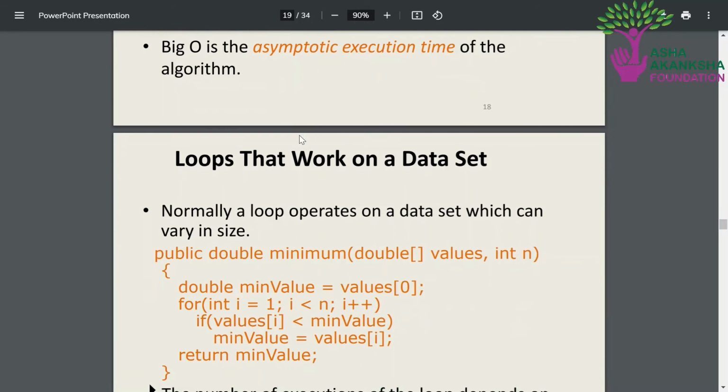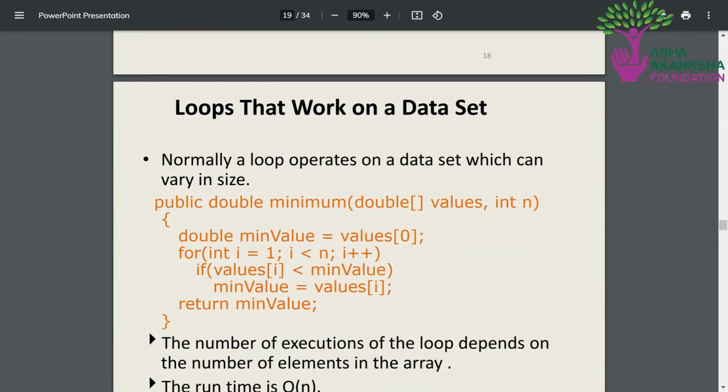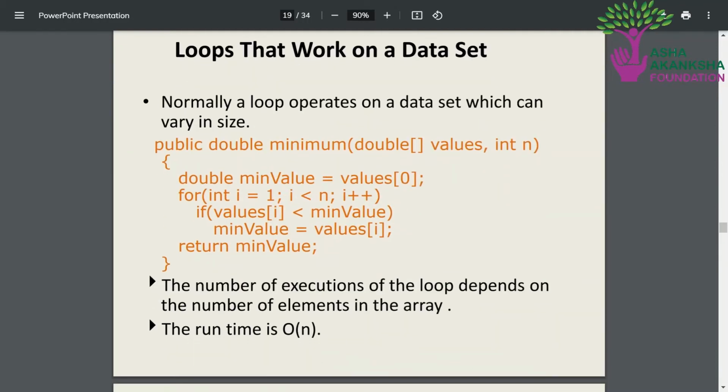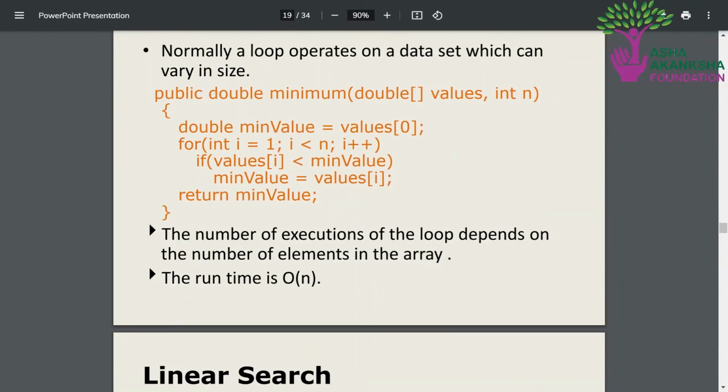So let's take a loop that works on a dataset. This is the loop which gives us the minimum value in the array. The number of executions of the loop here, which is for finding the minimum, depends on the number of elements in the array.